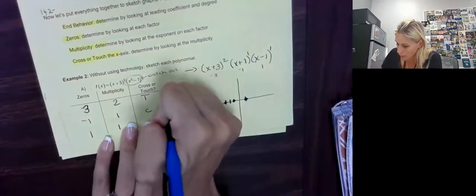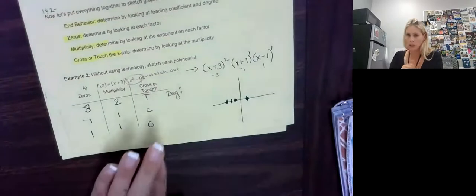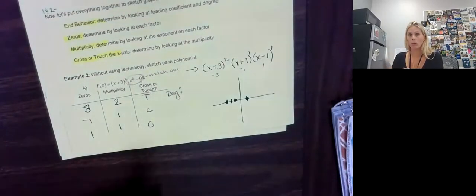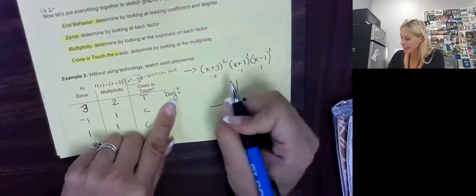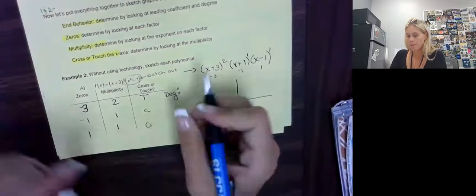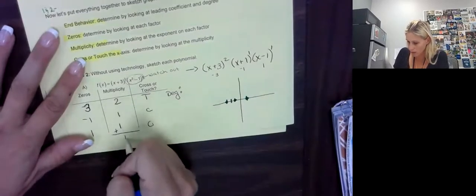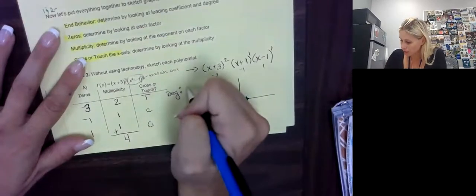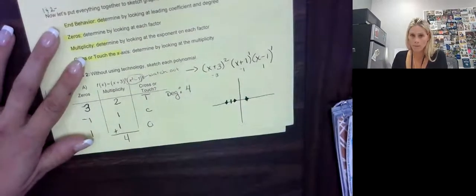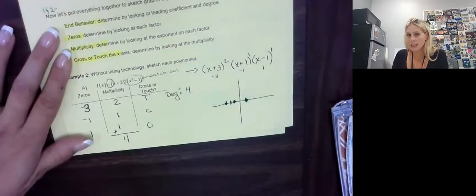If you remember, end behavior comes from the degree and the leading coefficient of the whole polynomial. So the way to find the degree is to add all of these up. So see how I'm putting degree right here? If you add all these up straight down, that gives you your degree. So the degree is 4. It is a positive value because there is no negative sign there.